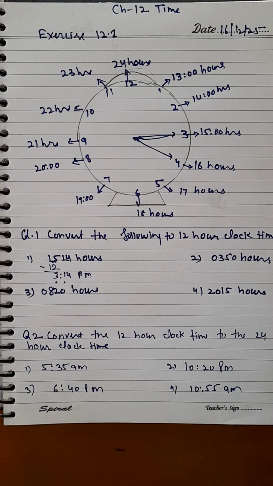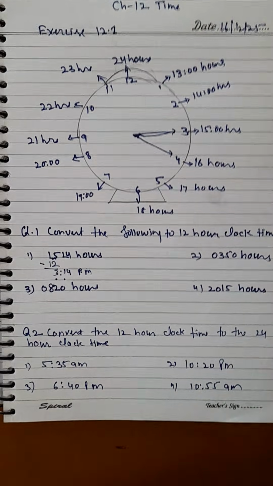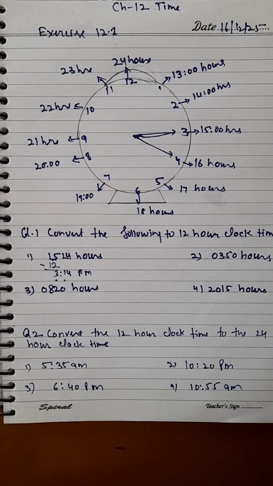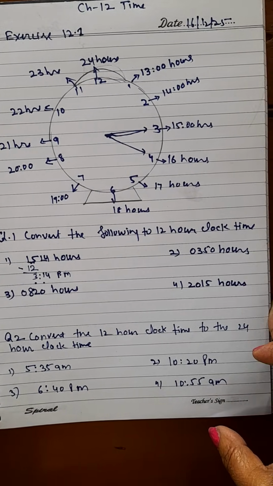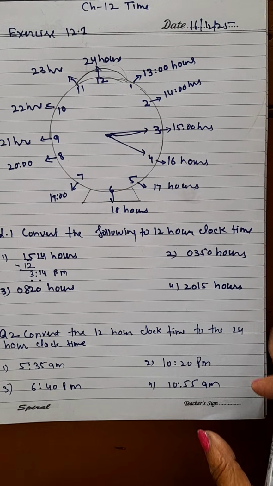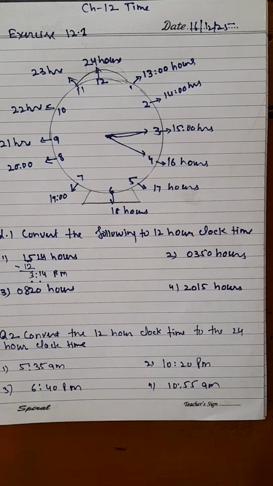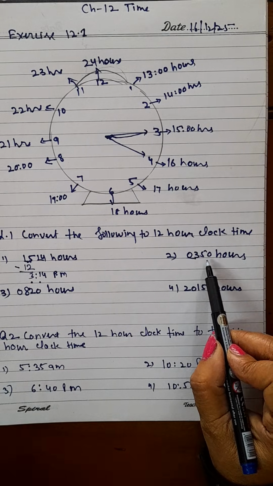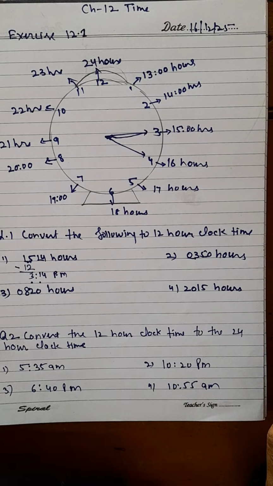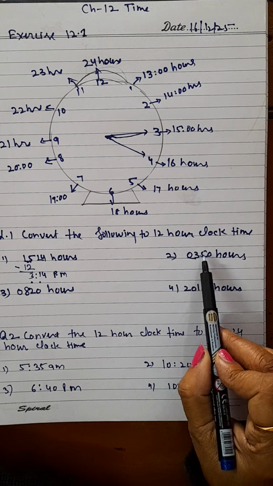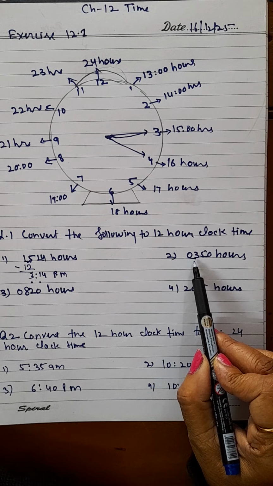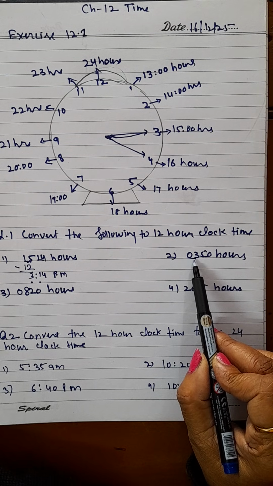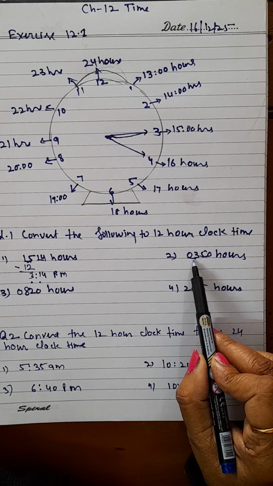Next part of the question is 0350 hours. As I told you, the first two digits represent hours and the last two digits represent minutes. Because hours are less than 12, this is the time before midday.